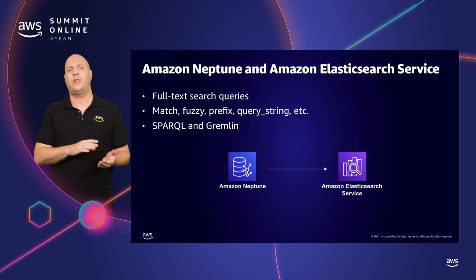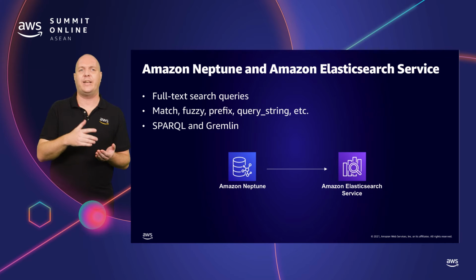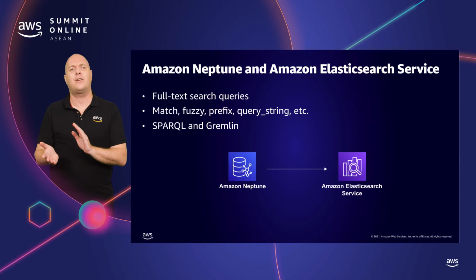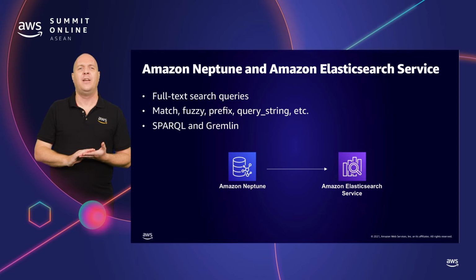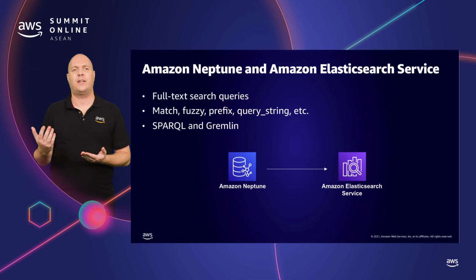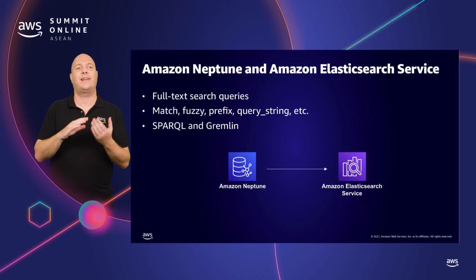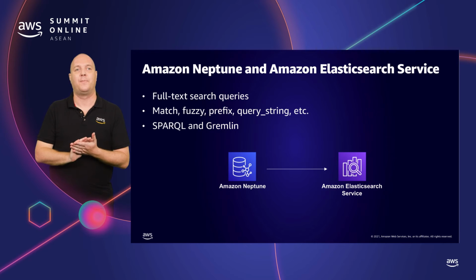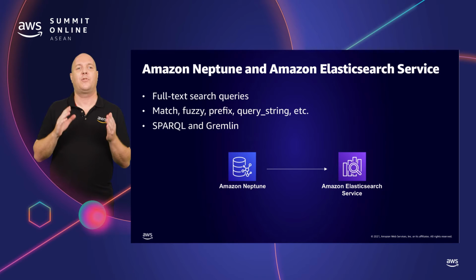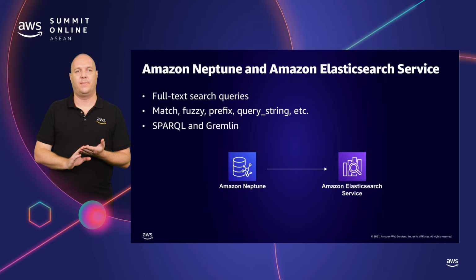With Elasticsearch, you can use fuzzy search, query string, prefix, and some of the other query parameters that Elasticsearch already supports. You can use either a new Elasticsearch cluster and integrate with it, or an existing Elasticsearch cluster and integrate it with Amazon Neptune. You can use a feature in Amazon Neptune called Streams to help synchronize data between Amazon Neptune and the Amazon Elasticsearch Service.